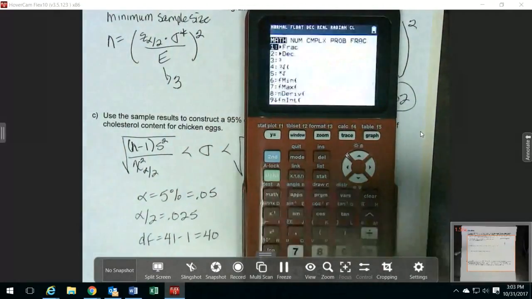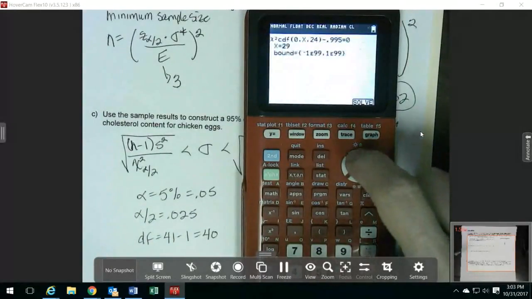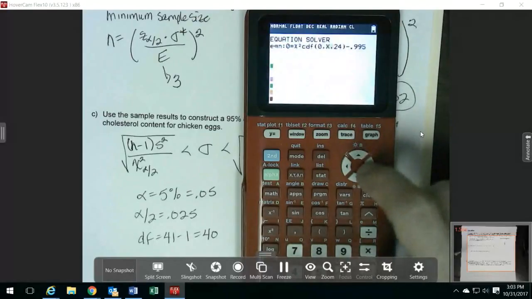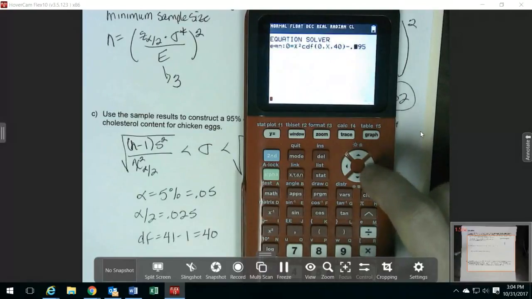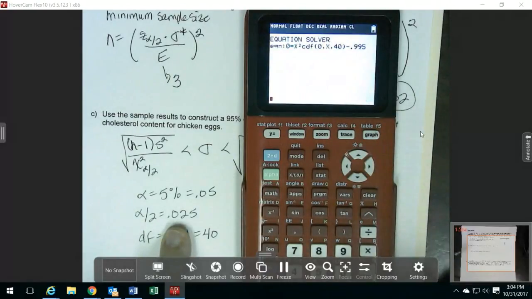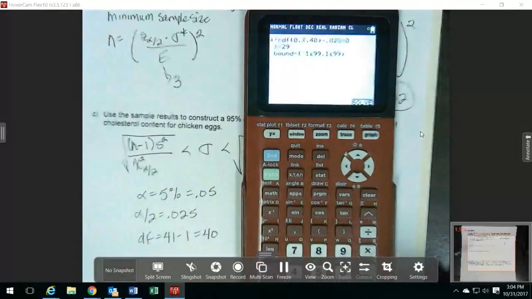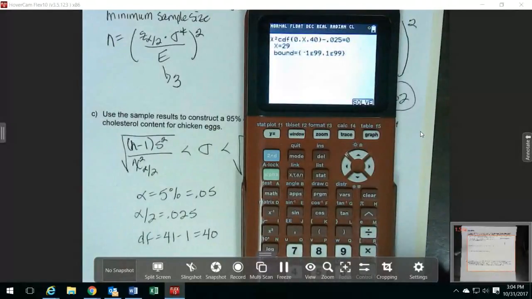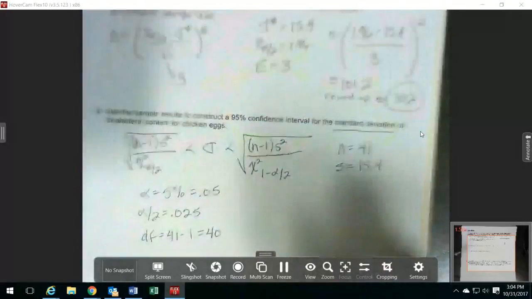Okay, so this is using the solver again. I'm going to put in 40 for my degrees of freedom here. And then I'm going to do the alpha over 2 first, so I'm going to put 0.025 here. And then don't forget, every time you do this, you have to do the alpha and the enter button to get it to recalculate. Okay, so we get one critical value of 24.43.